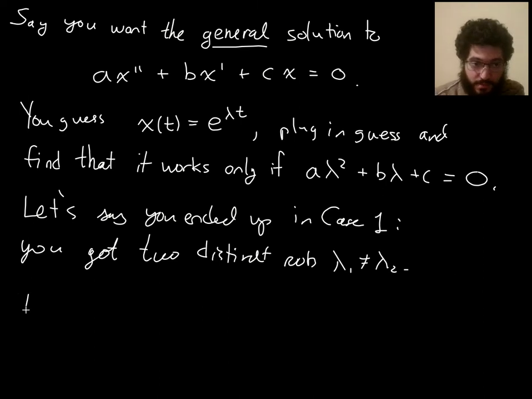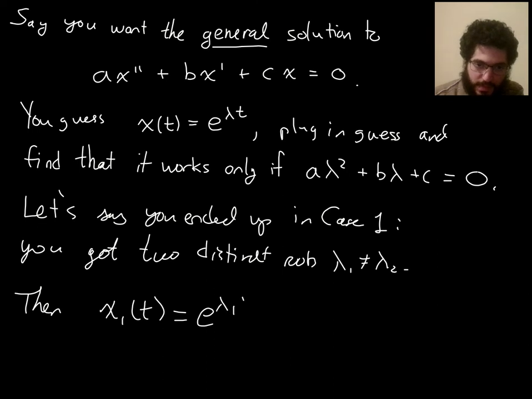All right, then you have 2 solutions. Let's call them x1 of t and x2 of t. So x1 of t will be e to the lambda 1 t, so e to the power some number times t.